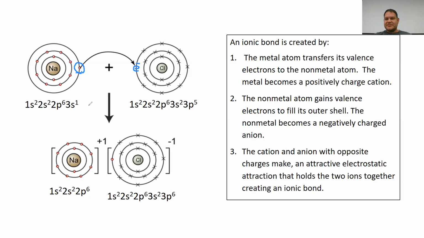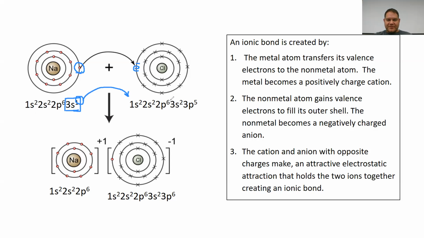Now, let's look at the electron configuration, and then we'll finish this up. So if you look at the electron configuration of sodium, the valence shell is the 3s1, okay? That 1 electron is what's going to be lost, and it's going to be transferred. So we're going to call it transferring its valence electrons to the nonmetal.